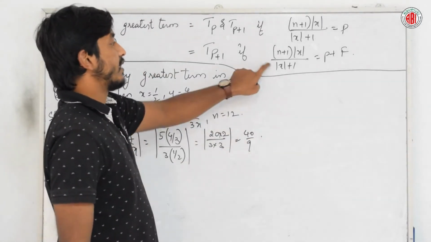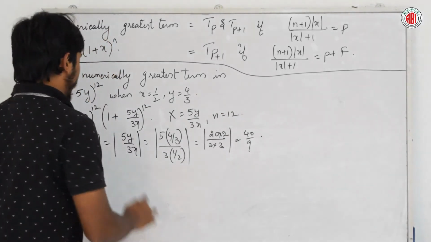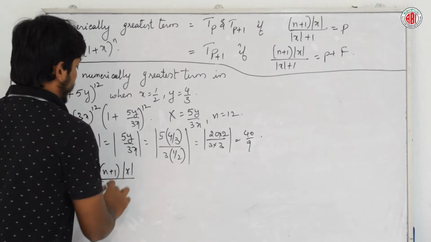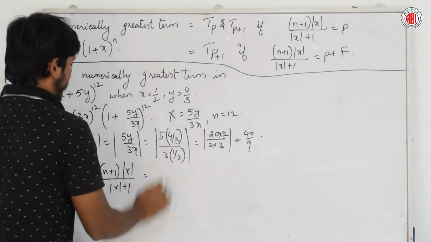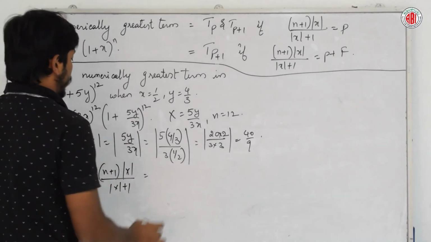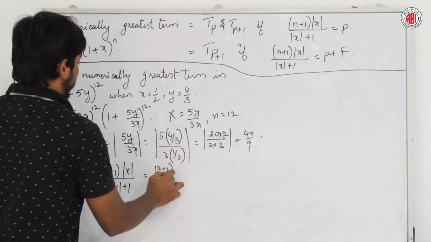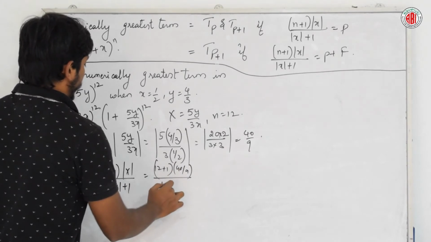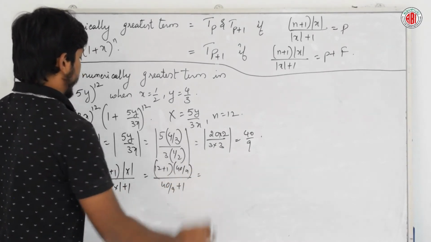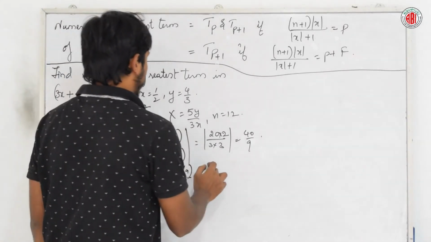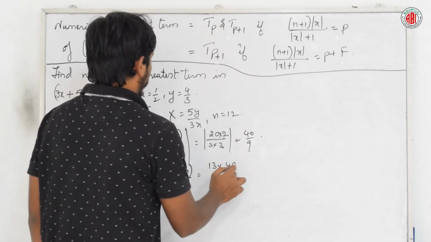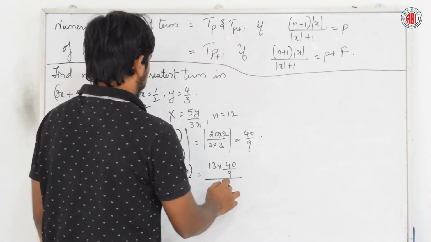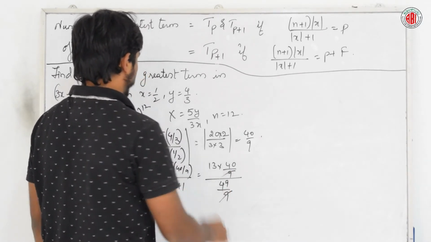Now let us substitute this in this formula. So what do we get? (n plus 1) mod x by mod x plus 1 is nothing but, what is n? 12. 12 plus 1 into 40 by 9 by 40 by 9 plus 1, that is 12 plus 1 is 13 into 40 by 9 divided by 49 by 9.